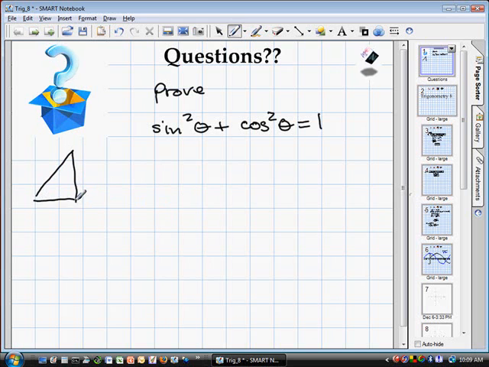Now, in a picture, we know that if this is theta over here, and that's a right angle, and if we call this x, this y, and this r, then what would be the sine of theta?